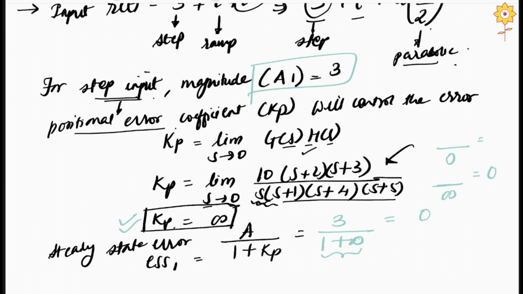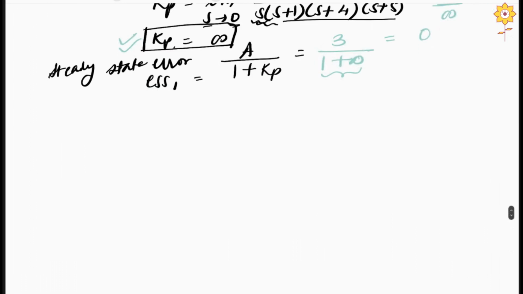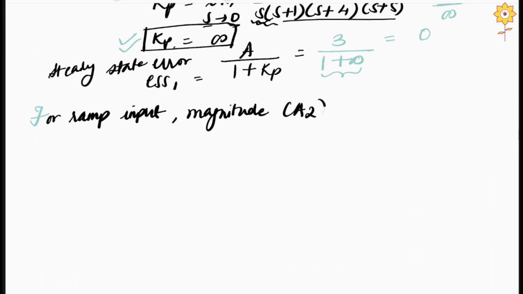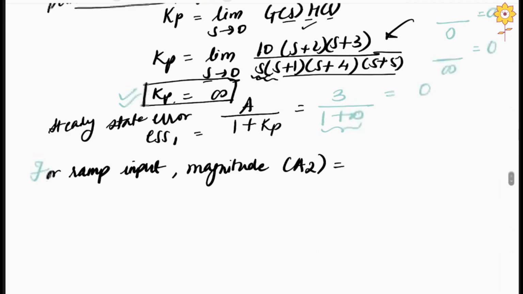Now, let us move ahead and find the values for ramp input. So, for ramp input, what is the magnitude? For that we will have to see the question. So, what is the magnitude of ramp?